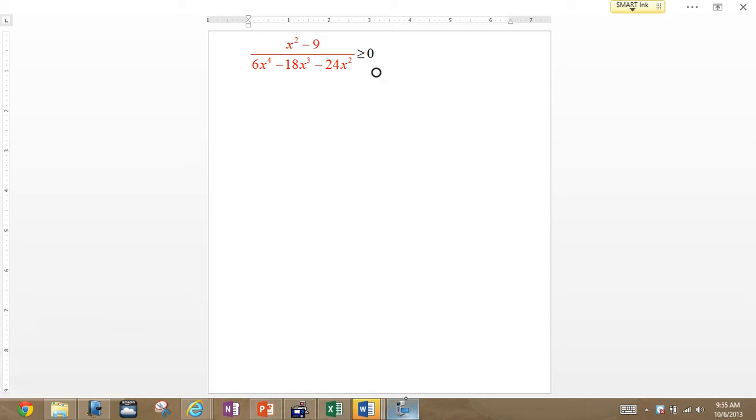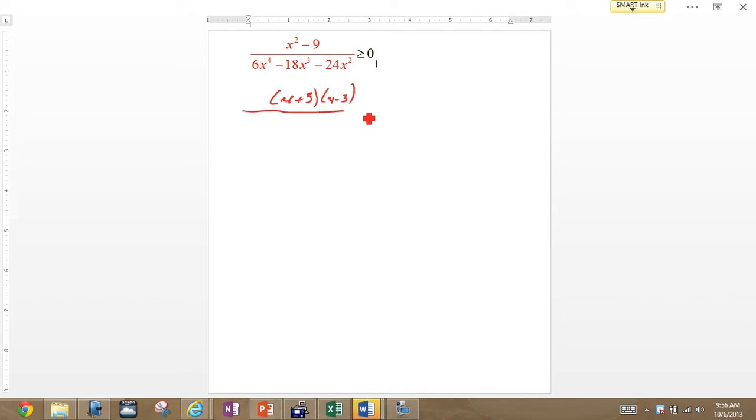Now here we have a bit more sophisticated polynomial expression, where we're asking to determine when it is greater than 0. It's not so bad because it looks like we can factor this fairly easily. Let's see what happens. In the numerator, of course, we're going to factor x plus 3 and x minus 3.